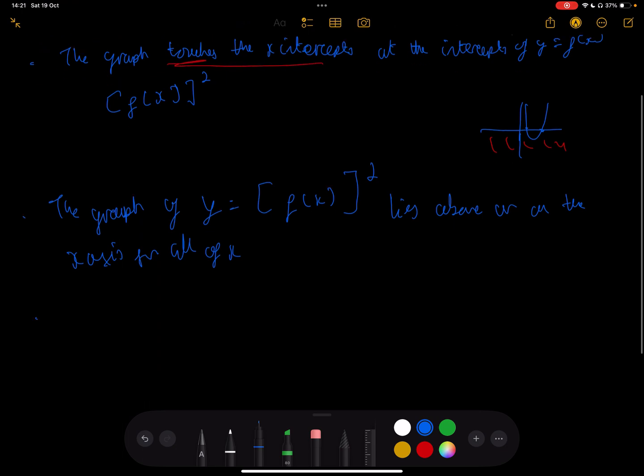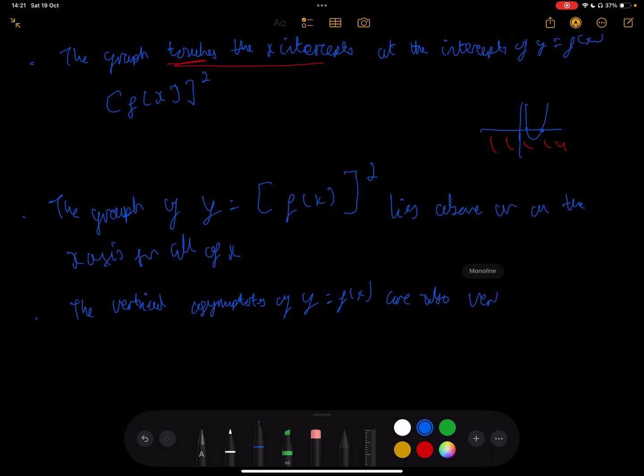So another thing that is also true: the vertical asymptotes of y is equal to f of x are also vertical asymptotes of y is equal to f of x squared.